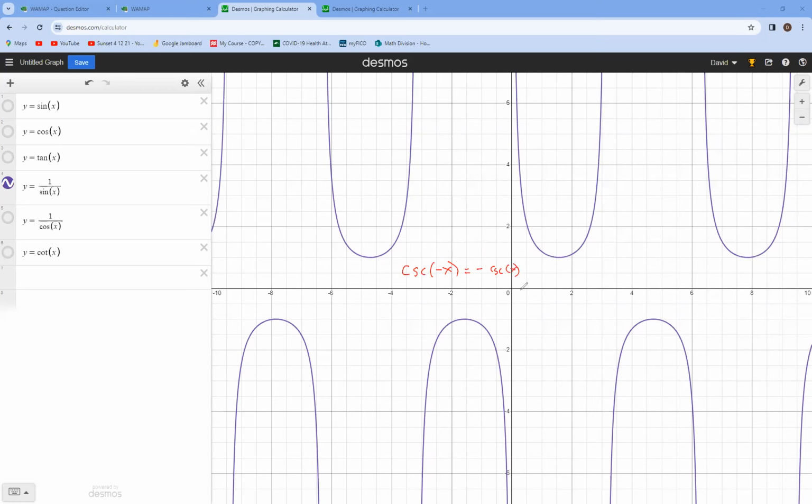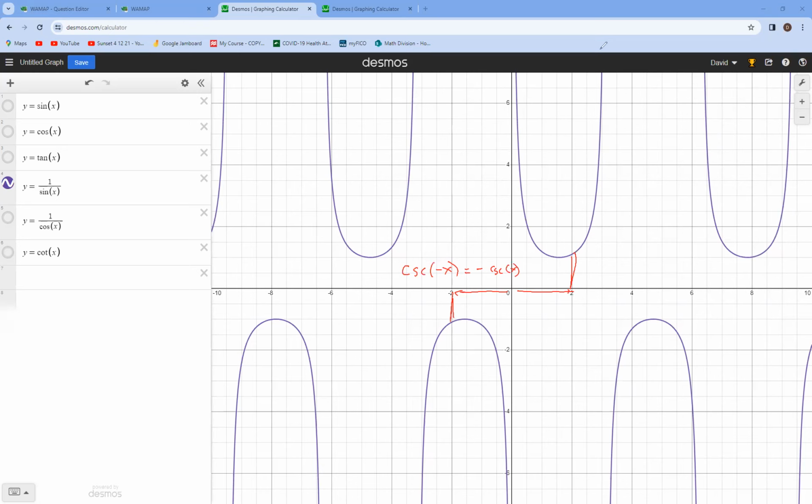If you go out to 2 versus 2 in the negative direction, the y values are the same size, a little bit more than 1.1 or 1.2, something like that, and negative 1.1, negative 1.2 over here on the cosecant side of things.